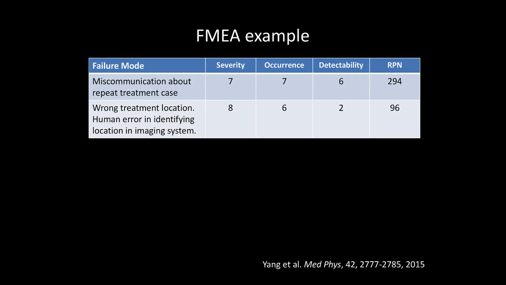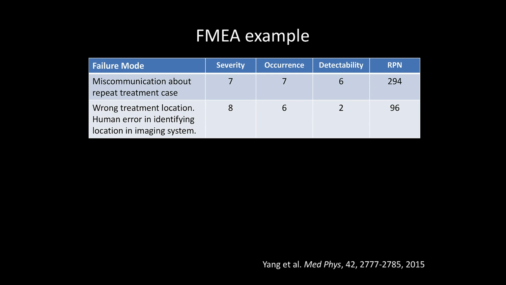Here's an example. Miscommunication about a repeat treatment case had an RPN of 294 in this study because the severity was relatively high, and the detectability score was relatively high, meaning it was relatively hard to find. Another example: a wrong treatment location due to human error identifying the location in the imaging system.